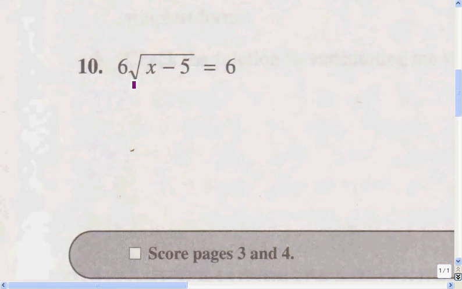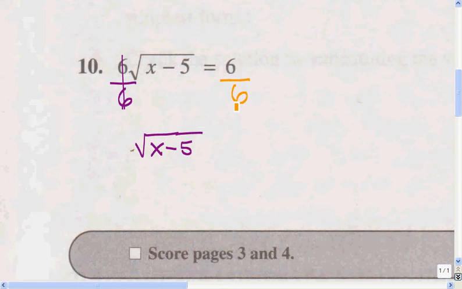So since the operation being done here is multiplication, I'm going to divide by 6. 6 divided by 6 is 1. 1 times radical x minus 5 is radical x minus 5. But what I do to one side, I have to do to the other. So since I divided this side by 6, I'm going to divide this side by 6. 6 divided by 6 equals 1.